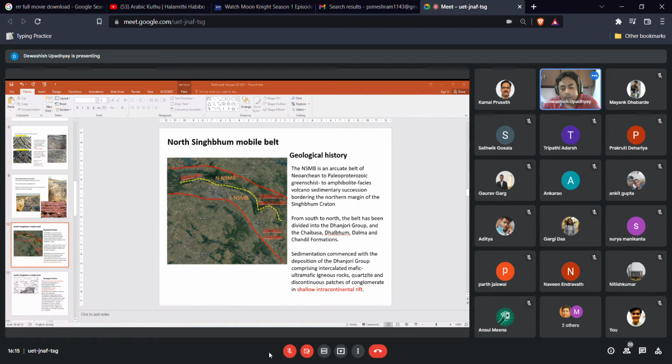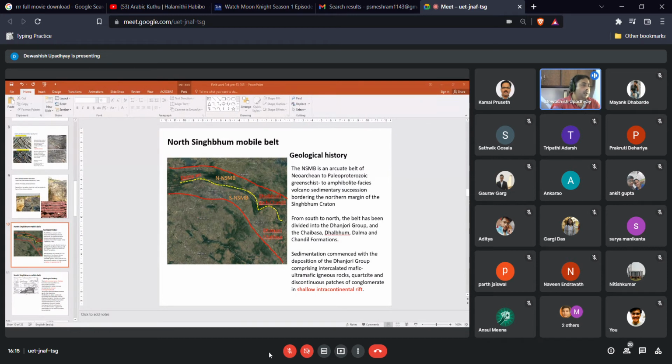Now, we will look at one unit at a time. So we start with the Singhbum Craton. The Singhbum Craton comprises very old rocks, with ages from the Paleo-Archean to the Neo-Archean.